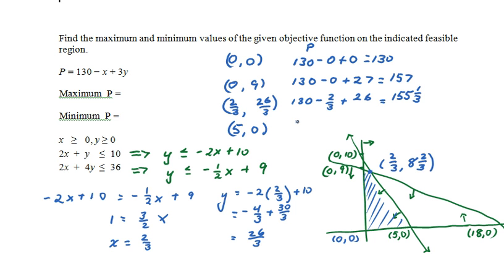And for (5, 0), we'd have 130 minus 5 plus 0, or 125. So our maximum value is 157. Our minimum value is 125. So filling that into the answer, 157 and 125.